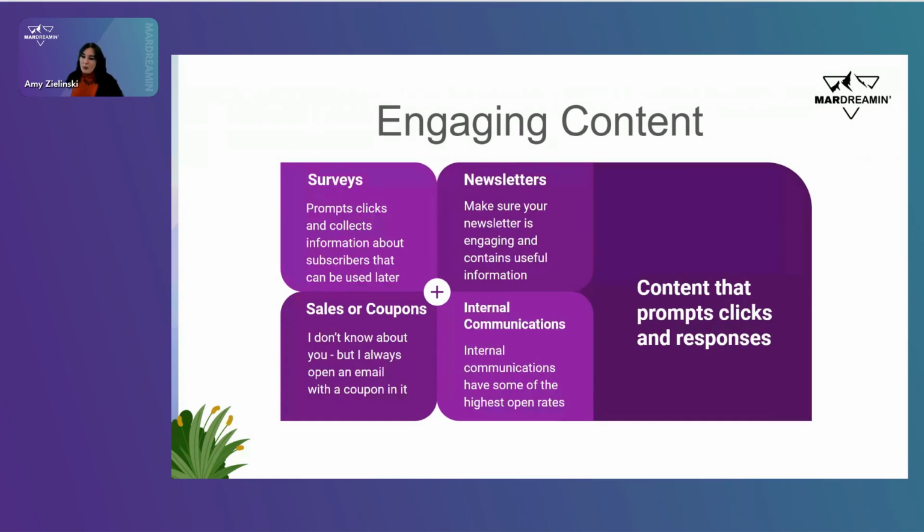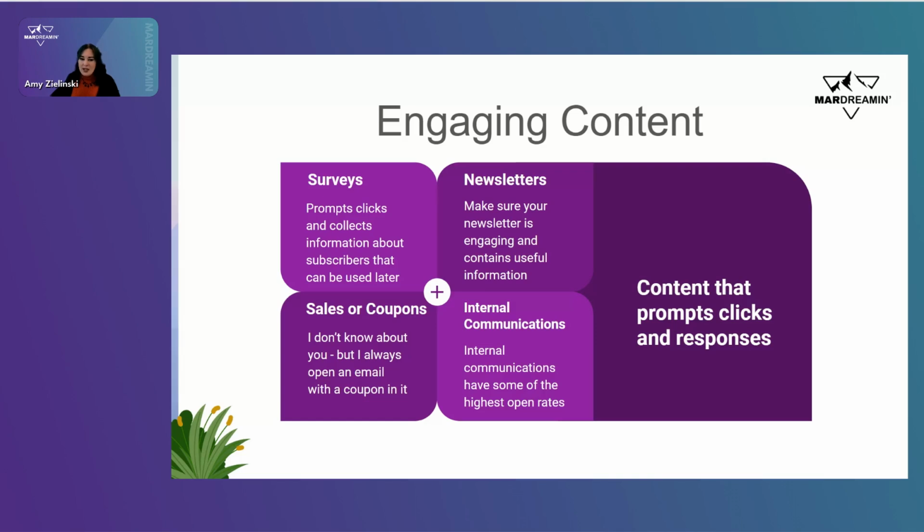Engaging content. I hope we all know to some extent what that looks like, right? We definitely are going to want to use personalization in our content, and anything that prompts clicks and responses. It is shown, and I don't have the metrics on here, unfortunately, that using even a first name, or anything personalized or associated to that user and what they have done with your brand or what you know about them, is always going to get more opens and clicks.